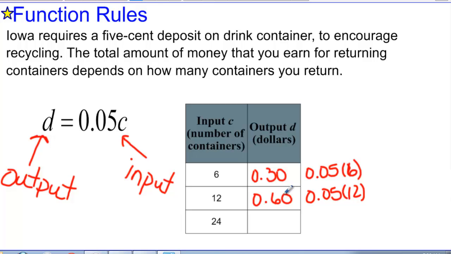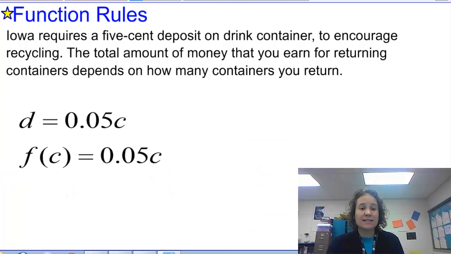And if I deposit 24 containers, I'm going to do 0.05 times 24, which would give me $1.20 back. And so I can fill out this input-output table just by evaluating my function for each input value that I put in for c. This is the same thing that we've been doing, we're just putting slightly different terms on what we're doing.